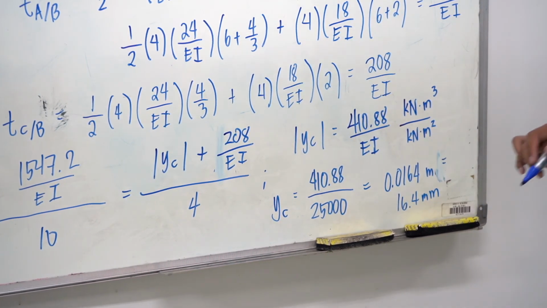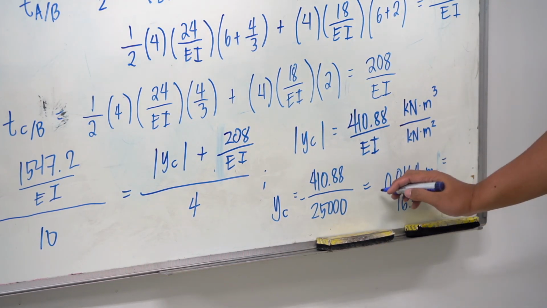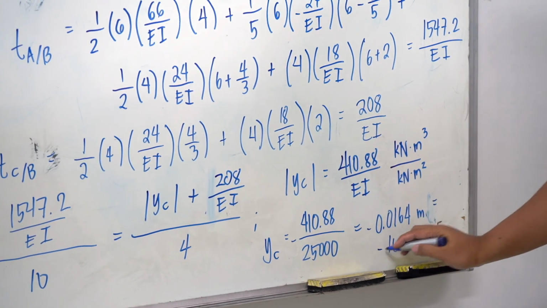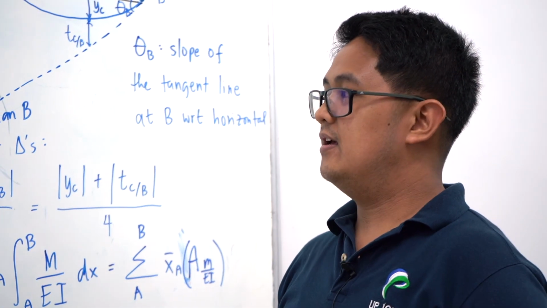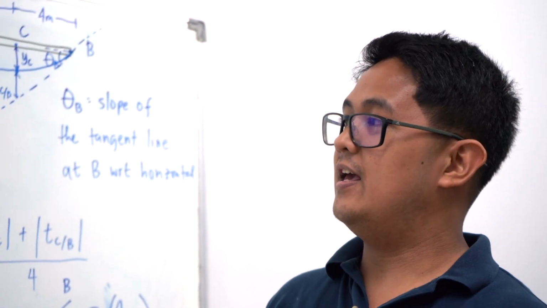But please take note that the deflection should be negative since our point moved downwards. So, I hope you learned something about the area moment method.